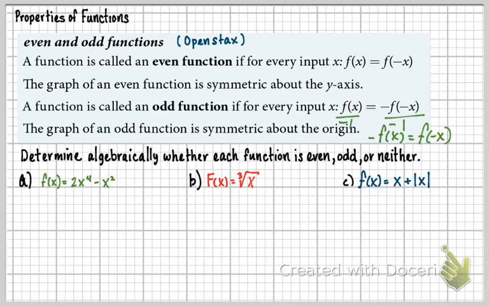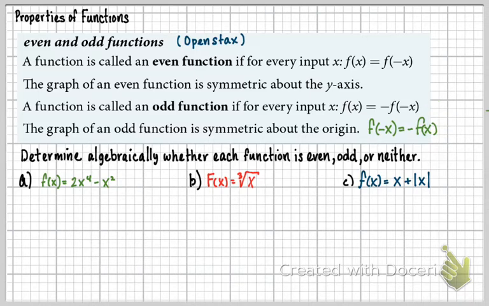That's the actual immediate result we get when we're trying to find if it's odd. So when we find this result, we can say it's odd. I just wanted you to see that these two are equivalent. All right, so let's get started with the first one.